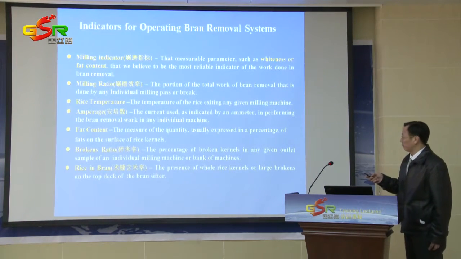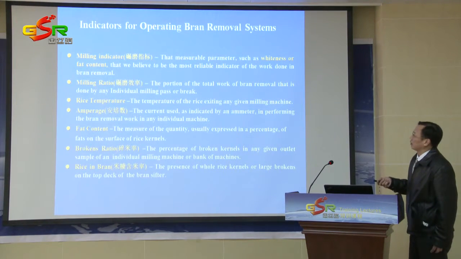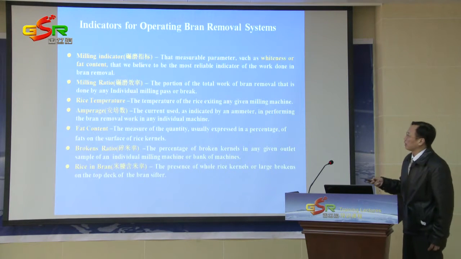First are the whiteness of the rice and the fat content, milling ratio, and the rice temperature after milling and after mist polishing, and the amperage and power cost in the milling process, and the breakage ratio, and the rice bran.